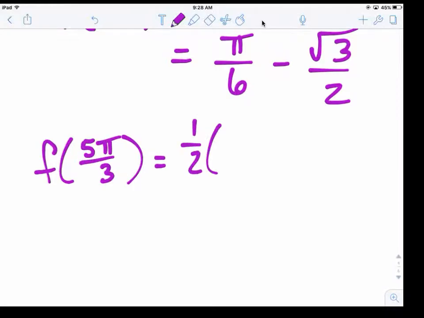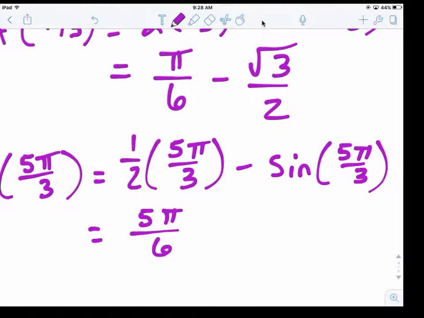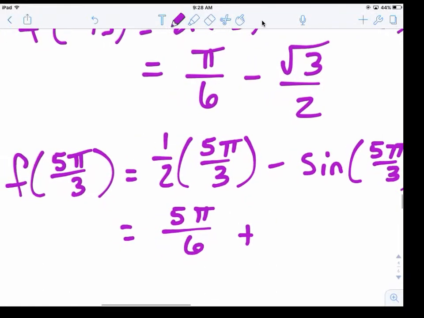That's 1/2 times 5 pi over 3 minus sine of 5 pi over 3. So 1/2 times 5 pi over 3 would be 5 pi over 6 minus sine of 5 pi over 3, which would be what? Good? Good.